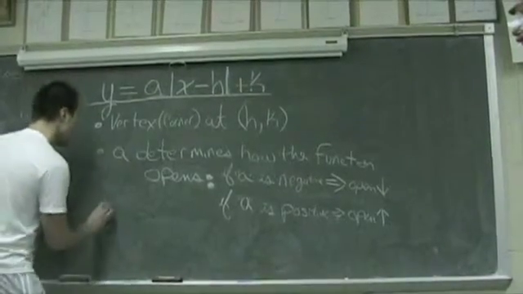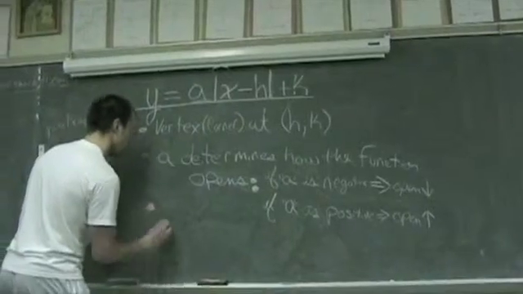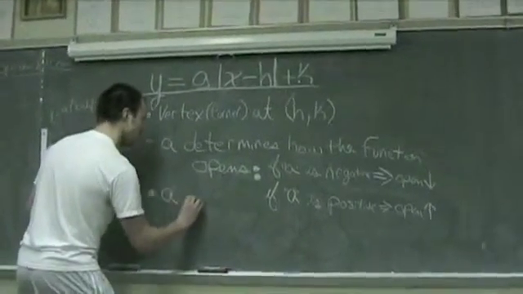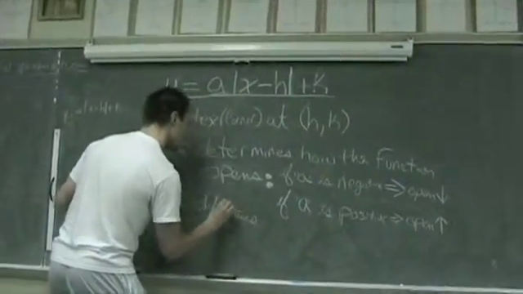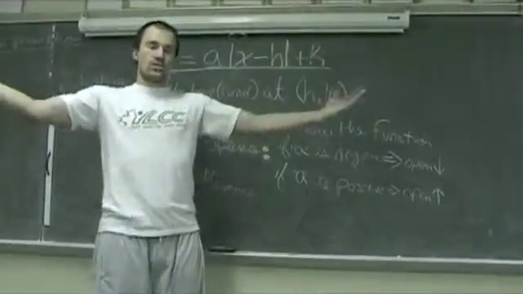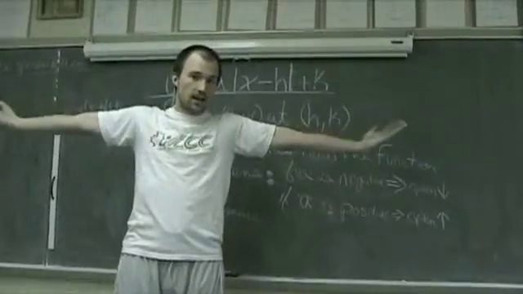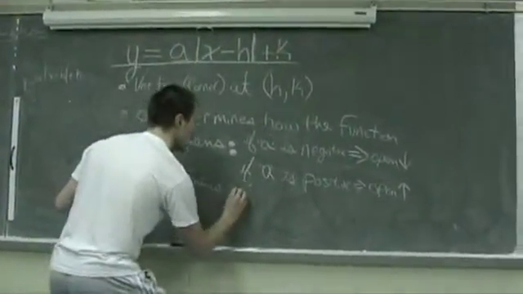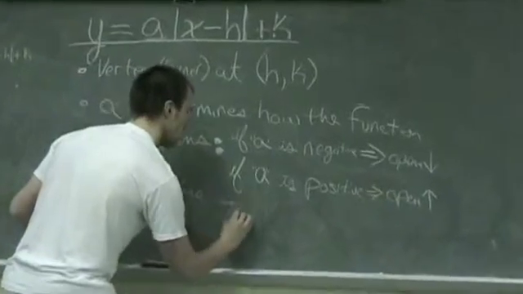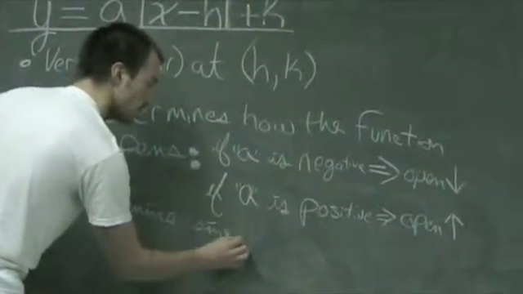The second thing having to do with a: a also determines how skinny or how wide this absolute value function will be. I'm going to call it the size of this graph.